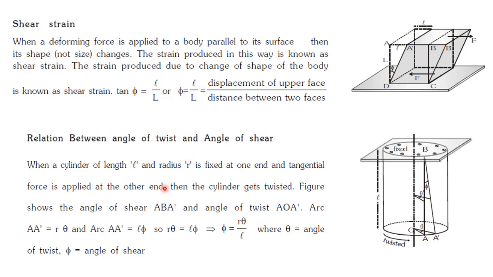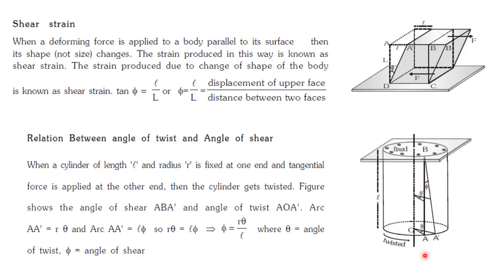Now what is the relation between angle of twist and angle of shear? Suppose you consider a cylinder where you imagine that you fix the upper surface. The cylinder length is L and the radius of the cylinder is R, and it is fixed at one end. This upper surface is fixed and you twist the lower one. You twist the lower surface such that the angle of shear, A B A dash, is denoted as phi.